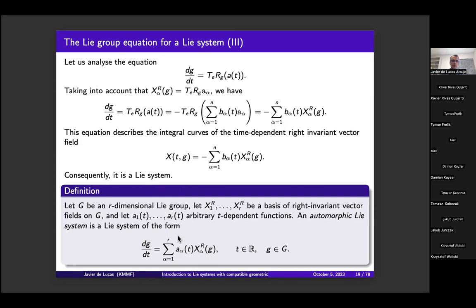And it's important to take into account that all the properties of the Lie group, if it is solvable, if it is not solvable, which are the coadjoint orbits, or if it admits invariant metrics or some invariant volume, can be used to study this system.